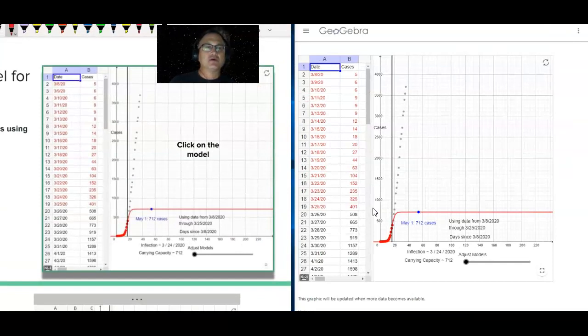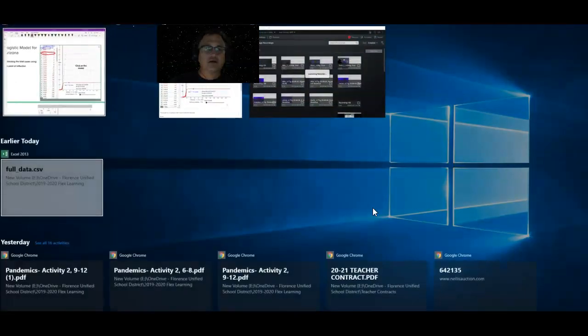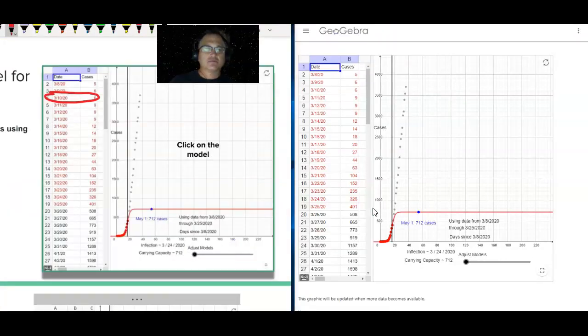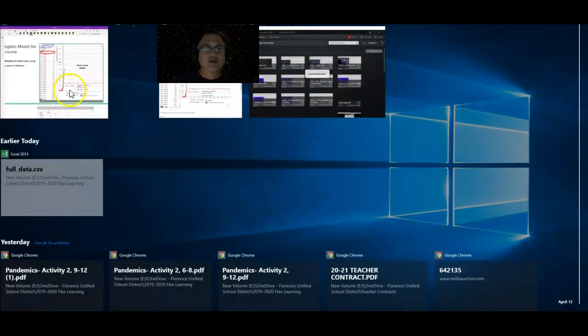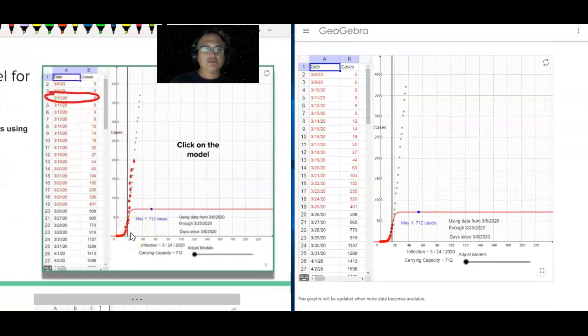So these points here are represented in red and these other points in black. Now the points that are in red are being used to generate this logistic curve right here.